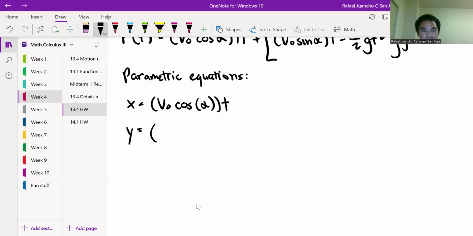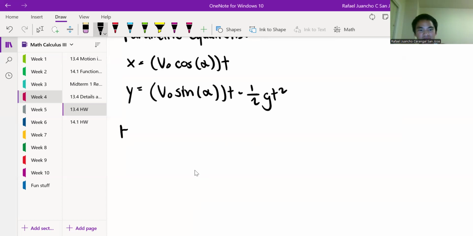Then my y is v naught sine alpha t, and then here I subtract 1/2 gt squared. And then my horizontal distance, because I want to maximize my alpha, I'm going to say it's d. So let me just assign that.